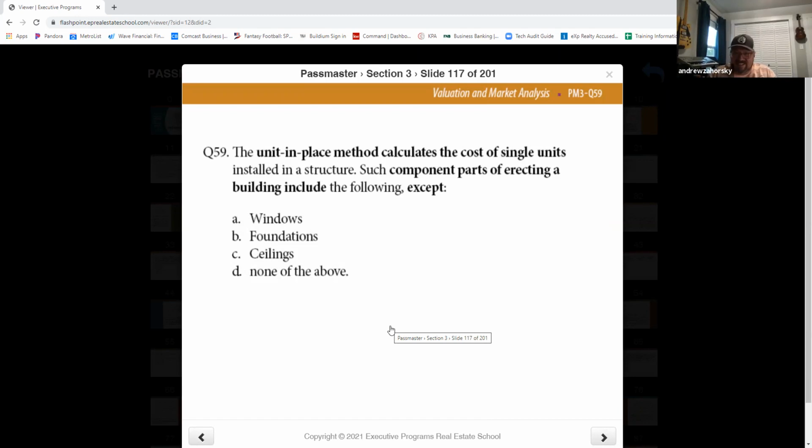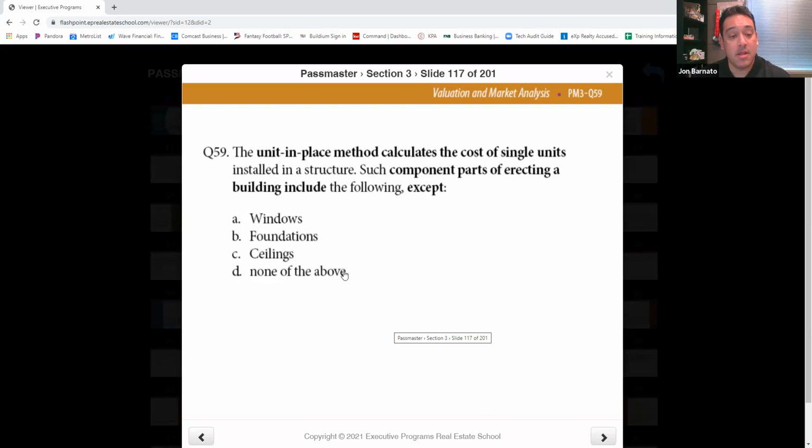A unit in place method calculates the cost of single units installed in a structure. Such component parts of erecting a building would include the following. Well, you mentioned earlier, trusses.